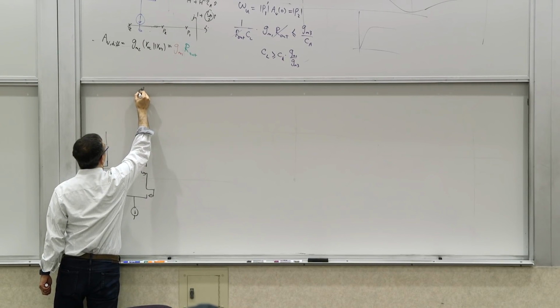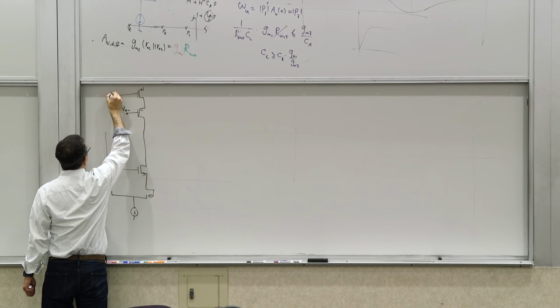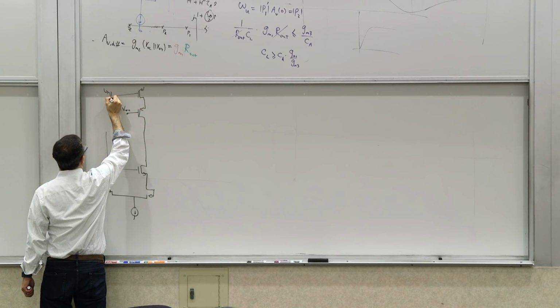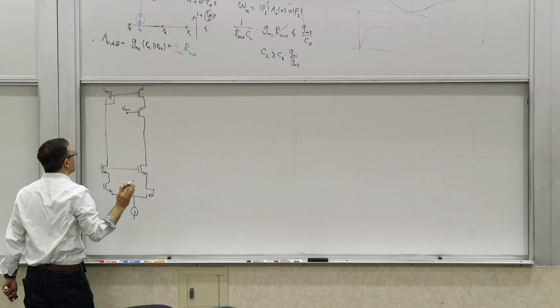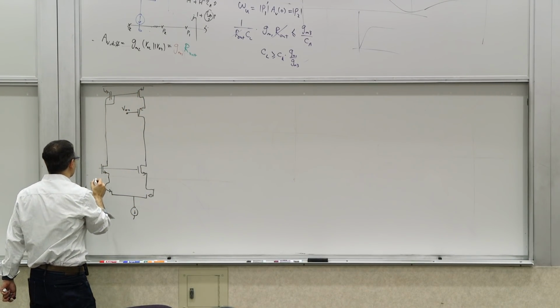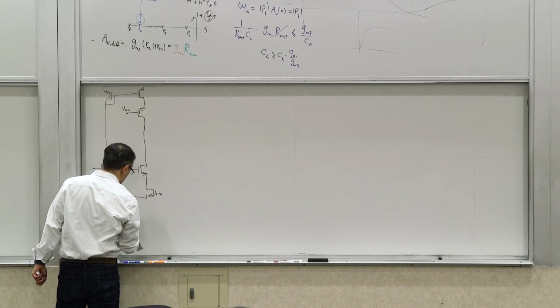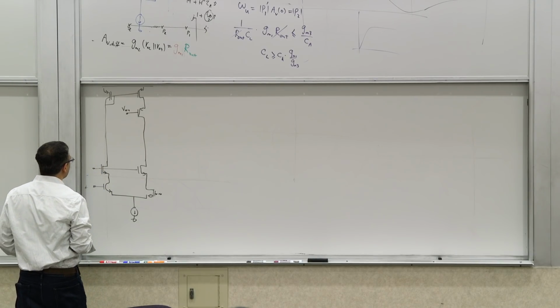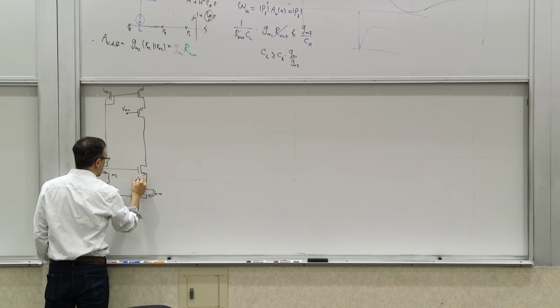So I'm going to just show that one side of it. You have a basic mirror on this side. We are doing this not to have to worry about the other side. That's simple, but distracts from the main point. So you have something like this. Let's call them M1, M2, M3, M4.